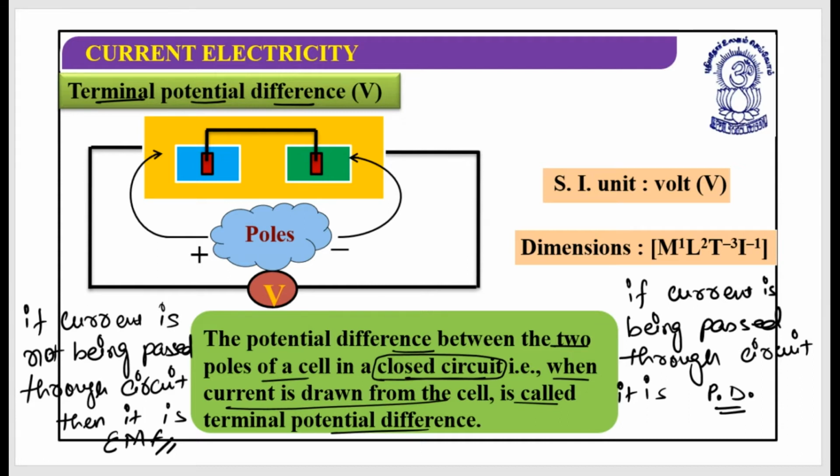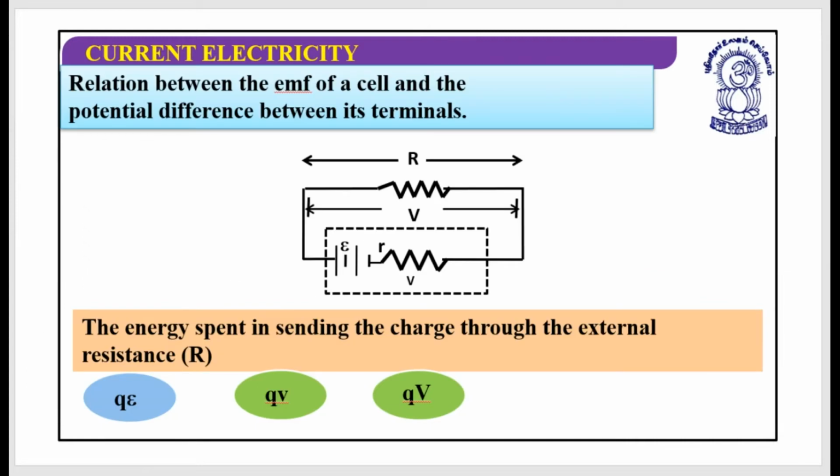But if current is being passed through the circuit and you are measuring the potential drop between the two terminals of a cell, then it is the terminal potential difference, or terminal voltage. I hope these things are clear. So now let's try to derive the relation between the EMF of a cell and the potential difference between its two terminals.